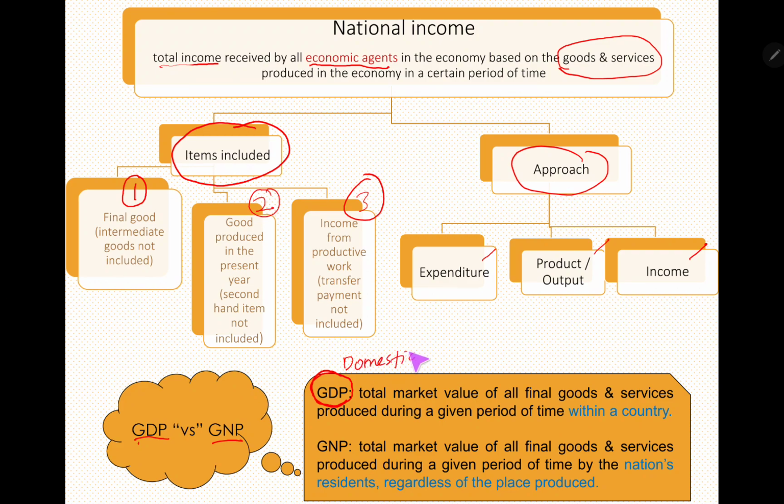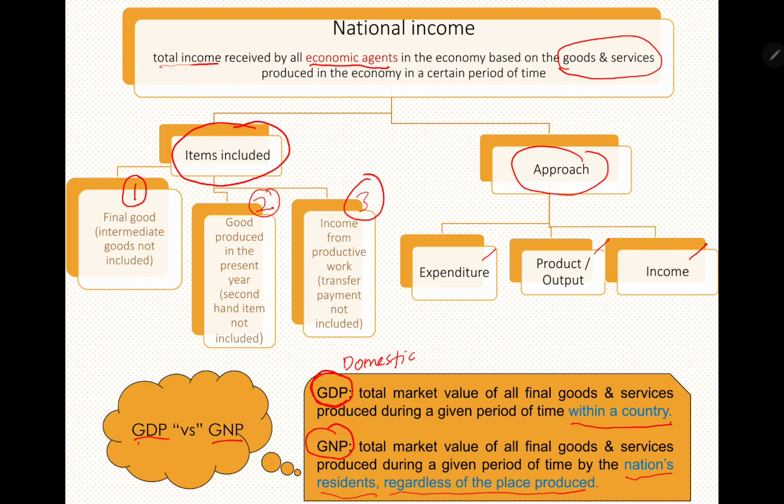So gross domestic product refers to the total market value of all final goods produced inside the country or within a country in a given period of time, while GNP refers to the total market value of all final goods produced by the nation's residents or citizens, regardless of where it is produced.